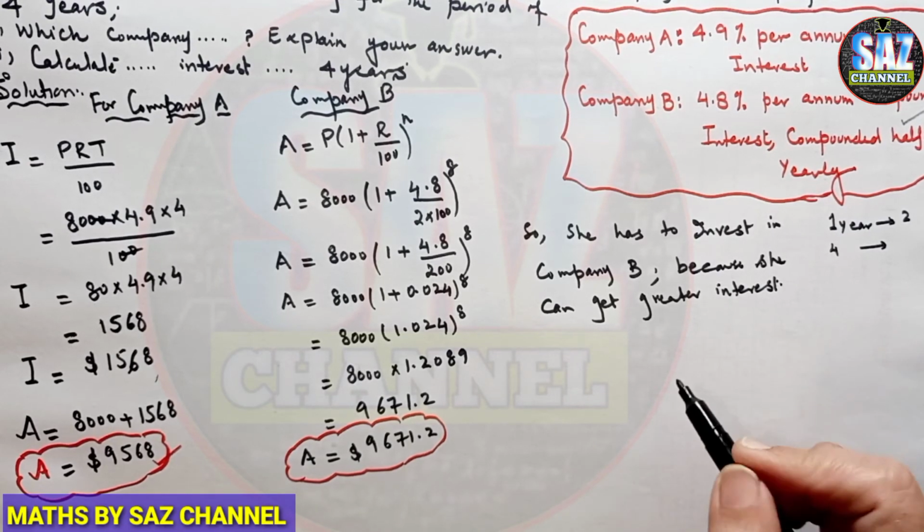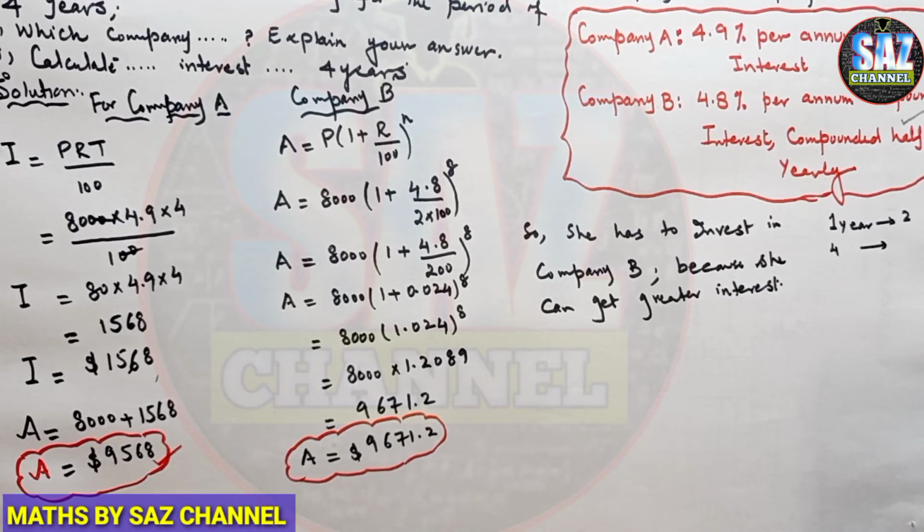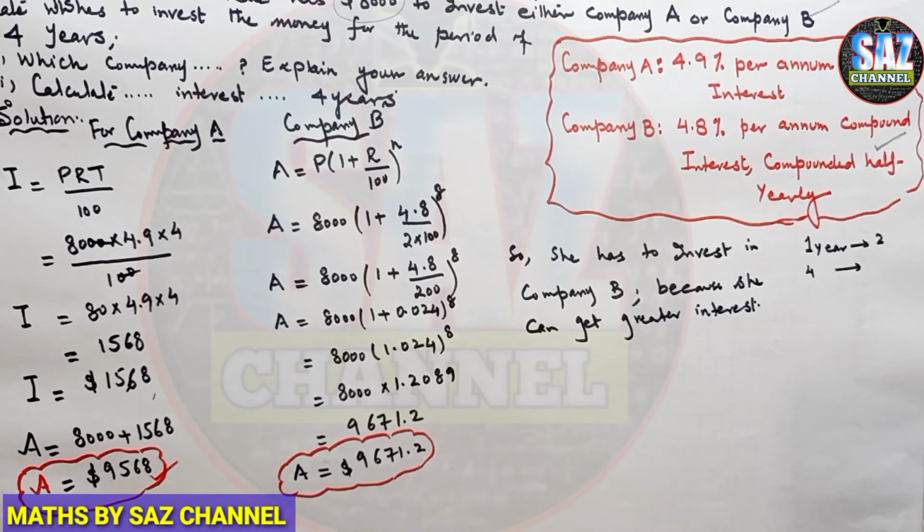I hope you are clear about how you decide whether to go for investment by simple interest or compound interest. The company, bank or plan which gives you more interest is the one you will prefer.